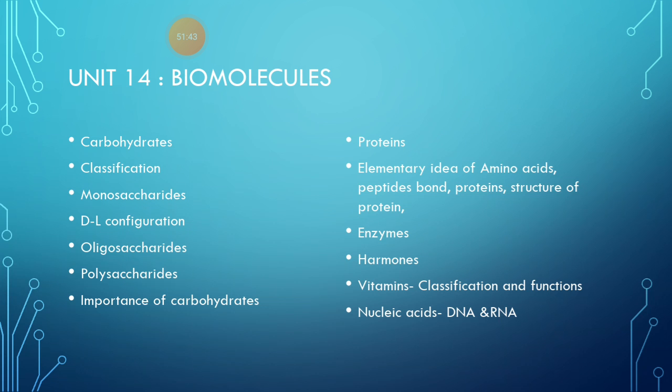So here we are going to discuss carbohydrates, their classification, the monosaccharides, their configuration, D and L configuration, then oligosaccharides, polysaccharides, and the representation of their structures. There is the Fischer formula for the representation of carbohydrate structure, and the Haworth formula for the representation of these carbohydrates. The linkages and the importance of carbohydrates we are going to learn over here.